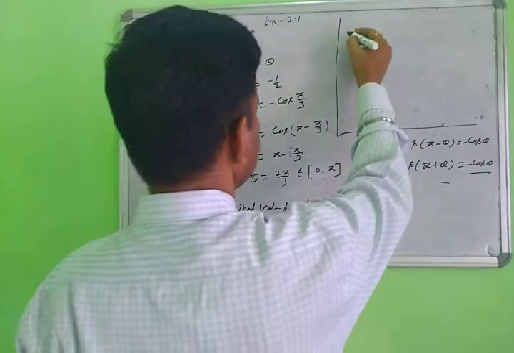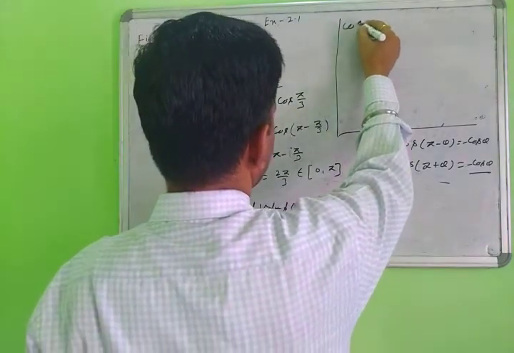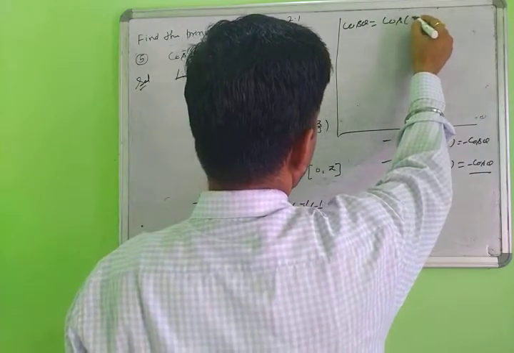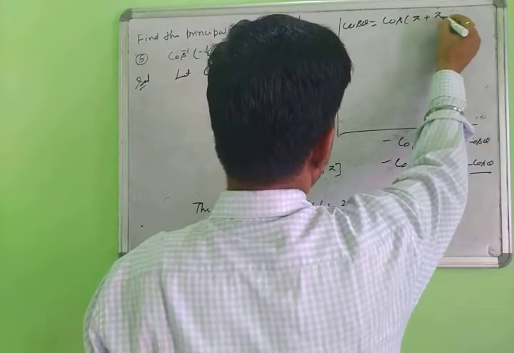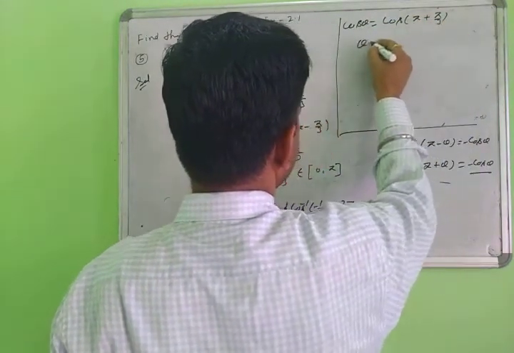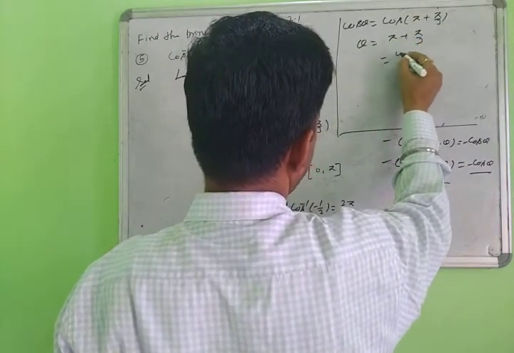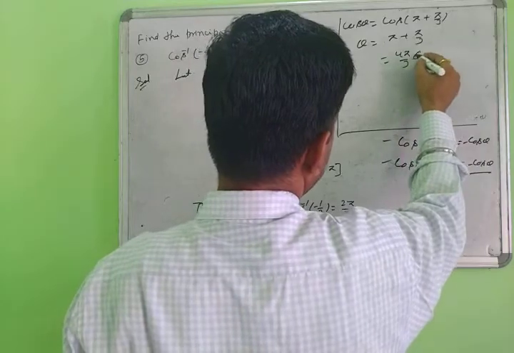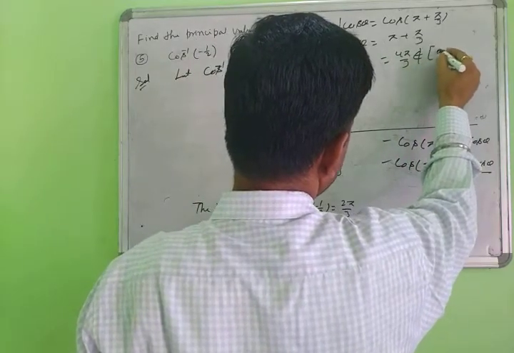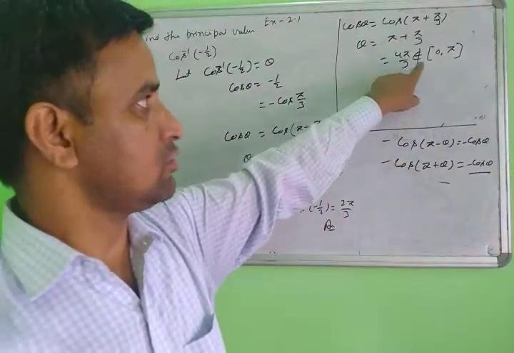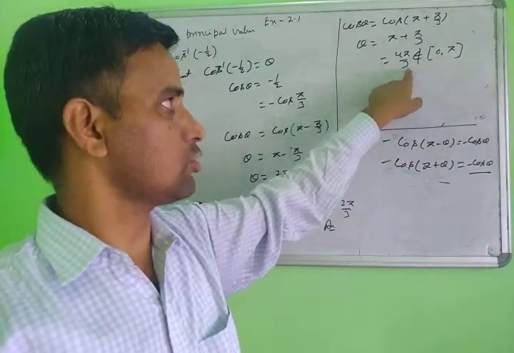Suppose cos theta equals cos(pi + pi/3). So theta equals pi plus pi by 3, that means 4 pi by 3. But this does not belong to 0 to pi. 4 pi by 3 does not belong to 0 to pi. This is out of range.